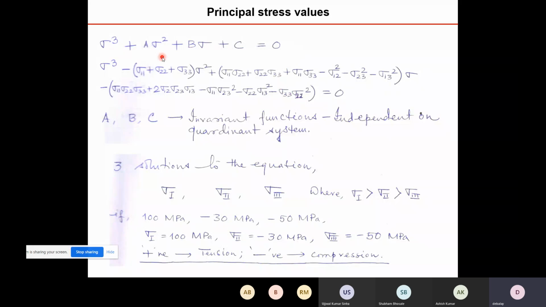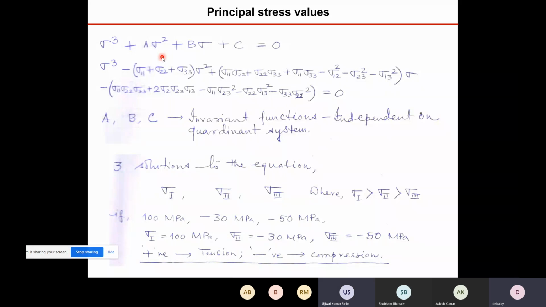Suppose sigma cube plus 15 sigma square plus 10 sigma plus 5 equal to 0. I don't remember; the values can also be negative. But if a, b, c are real values, then will the solution be complex? I don't remember. You also check, I will also check.